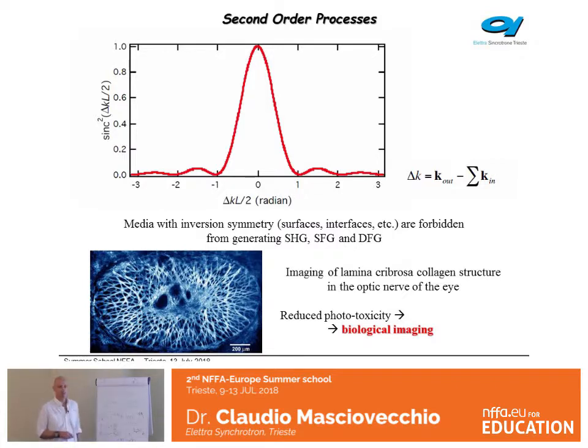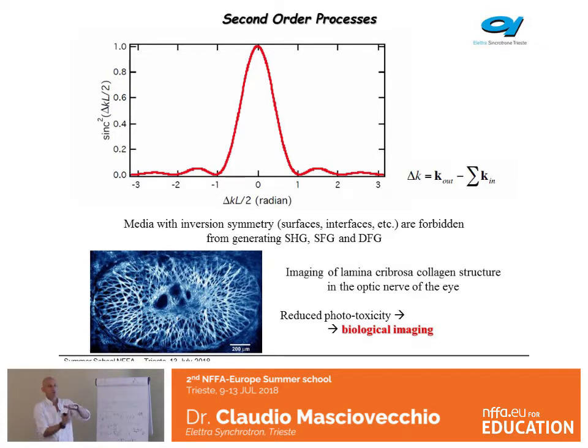When you do second order processes, if you have a centrosymmetric material, the intensity that you get is zero. We will see this in the next slide. This means that you need something which is non-centrosymmetric. You can have nonlinear crystals, like the one we saw at the beginning in this paper with the second harmonic spot. Or you can have, for example, surfaces.